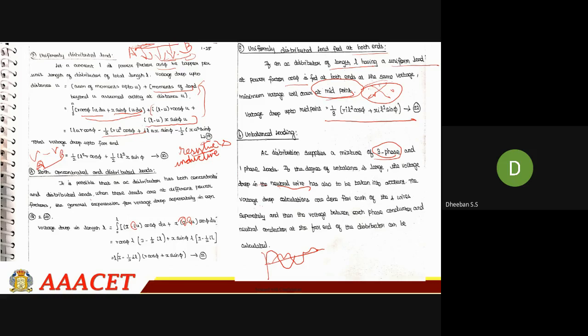In an unbalanced system there will be a voltage drop across your neutral wire also, so that also has to be considered, and it is added in an additive manner. The voltage drop calculations are done for each of the four wires. Normally we use a three phase four wire system. What they're saying is you have to take your neutral into account also. Then the voltage between each phase conductor and the neutral conductor can be calculated.